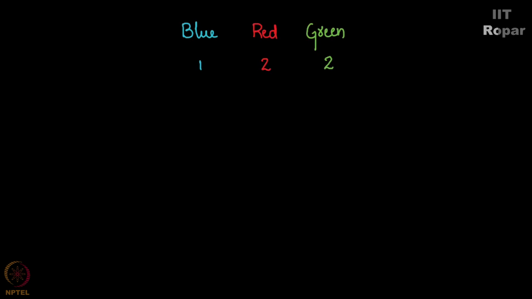Now I can also write it as 2, 1, 2 and 2, 2, 1. So these are the 3 ways, but I can also write it as 1 blue, 1 red and 3 green. This is also valid. So the next step would be 3, 1, 1 and 1, 3, 1. Right?